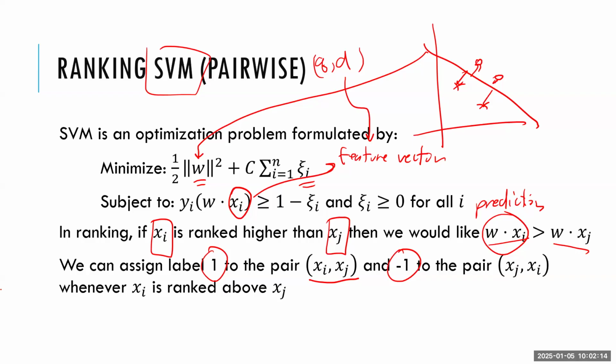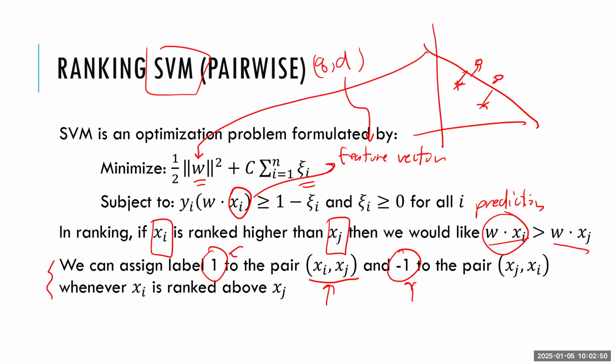And if we label it like this, it becomes a classification, right? So your feature is xi and xj combined. You put xi and then you put xj and then you concatenate both features. And this feature will have to be class 1 or class -1, based on the ranking.